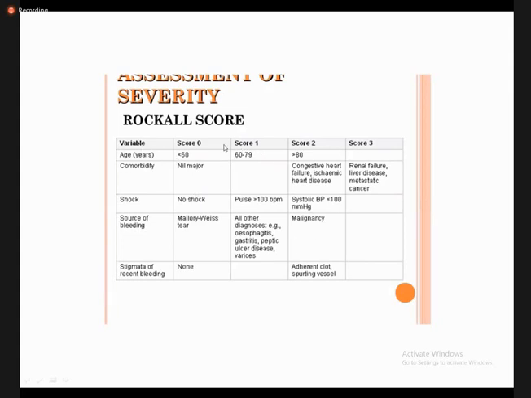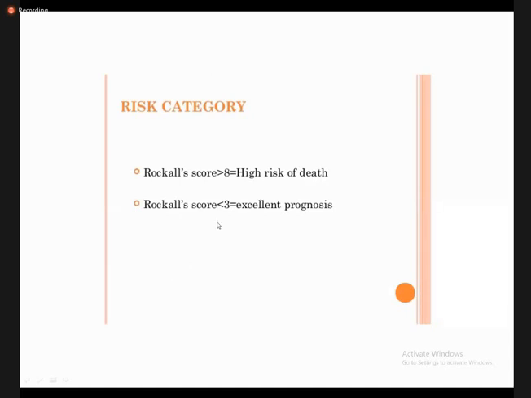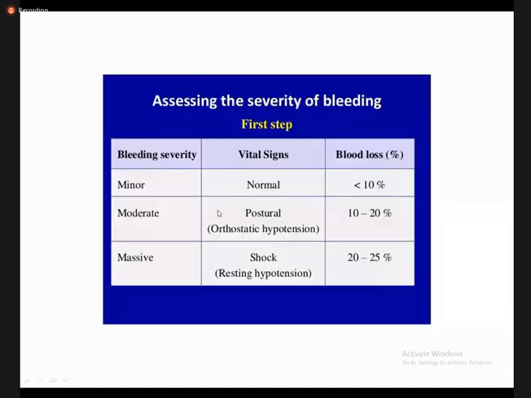Just remember the name of the score and the variables like age. As the age increases, the score increases. And then comorbid conditions, the presence of shock according to the pulse and BP, and the source of the GI bleed, and the stigmata, which means recent signs of the GI bleed. If the risk is high, there is high risk of death and rebleed, and if the risk is low, the prognosis is good.